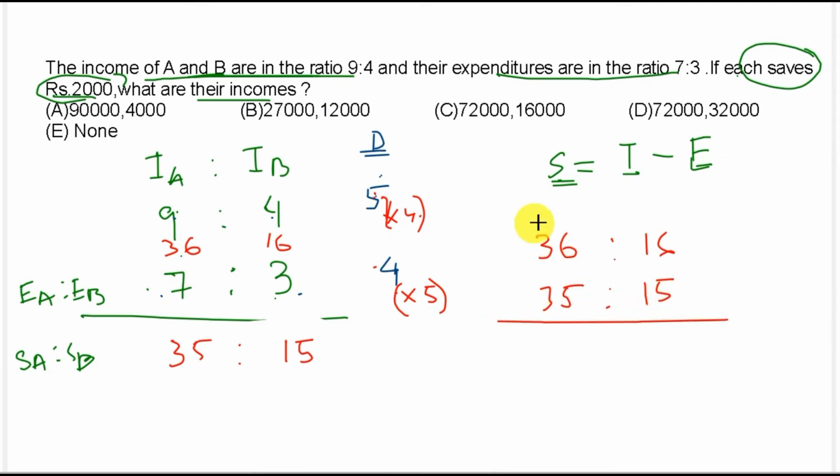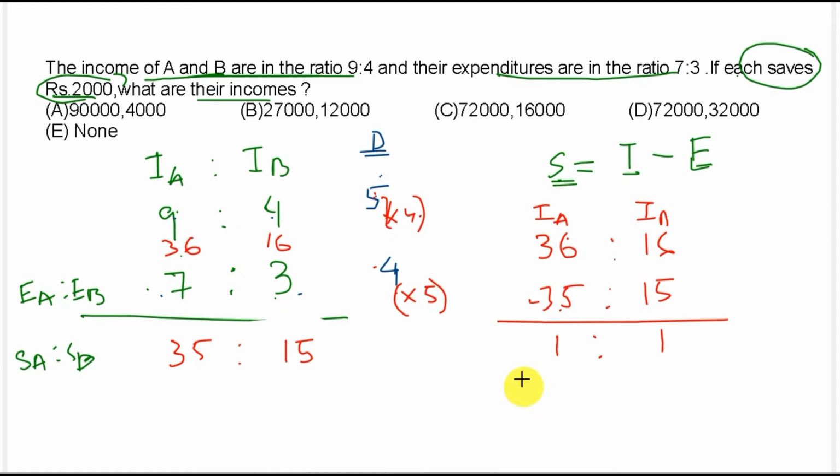Look here, this is income, and these are the expenses. Now 36 minus 35 is 1, 16 minus 15 is 1. So now they are equal, right? It's for the same reason that we have to make the difference equal. So we are multiplying here by 4 and here by 5.